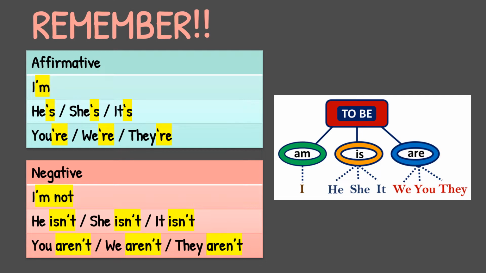Okay, remember everyone, for the affirmative, I'm, he's, she's, it's, you're, we're, they're. And for the negative, I'm not, he isn't, she isn't, it isn't, you aren't, we aren't, they aren't. Can you remember that? Very good.